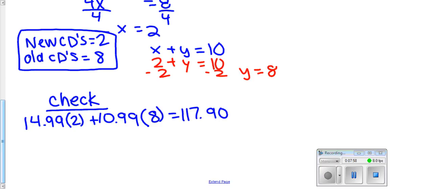When we check the other one, we get that 2 plus 8 equals 10. And when we solve for both of these, it comes out that they're true. So that's how we know that we got the answer correct.